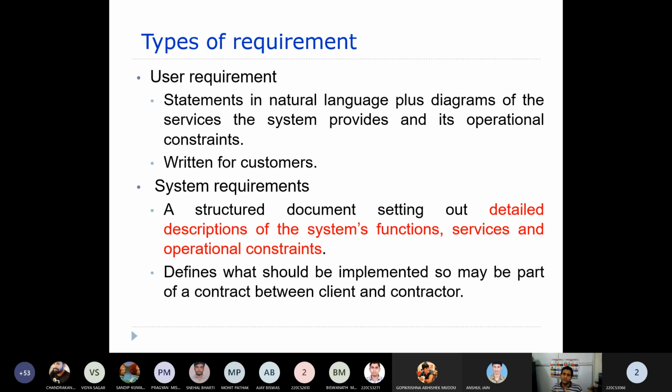It defines what should be implemented, so it may be part of a contract between client and contractor. Hereafter these requirements will be developed and implemented, and this will also be part of the contract. That means these are the functionalities or services the developer is going to provide to the client. So you can think of it like that.